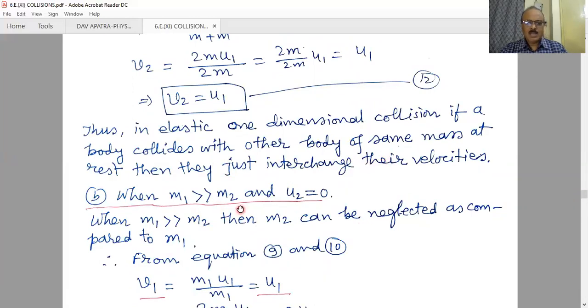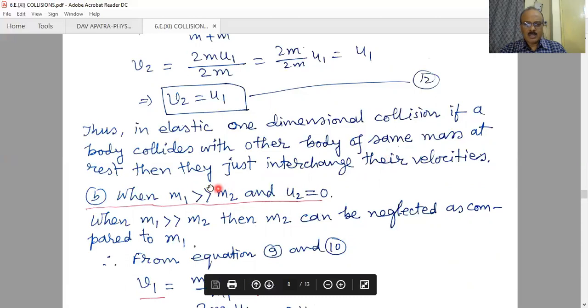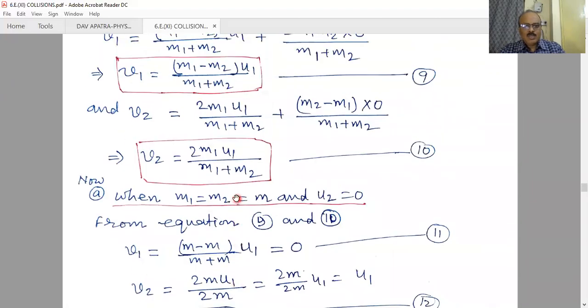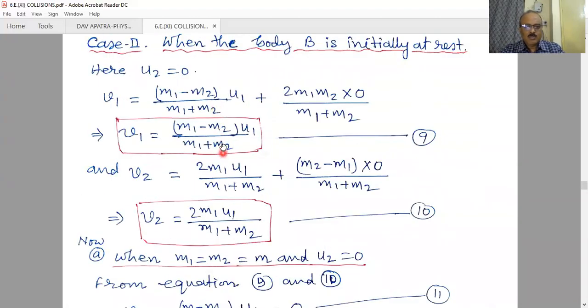Now another case: let us suppose m1 is very much greater than m2, and the second object is at rest. When m1 is much greater than m2, adding or subtracting m2 with m1, we can neglect m2. Then from this equation, if we neglect m2, v1 is u1.